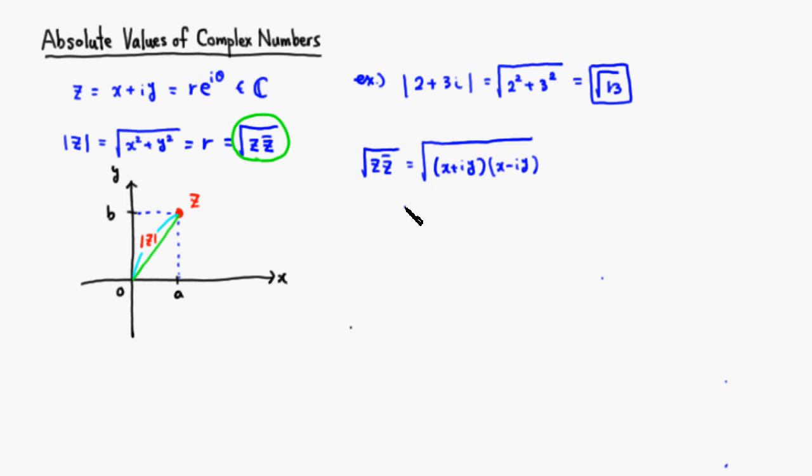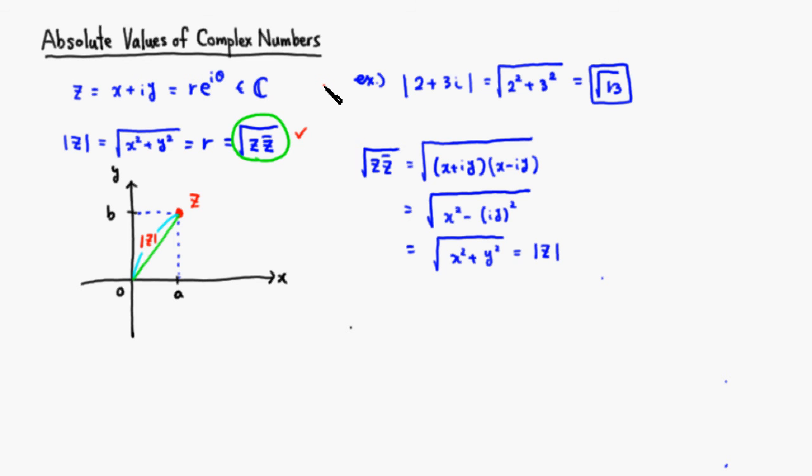Which means you're going to have the square root of x squared minus iy squared. But i squared is -1, so you end up with x squared plus y squared, which is the same formula as the absolute value of z. So this verifies this formula.